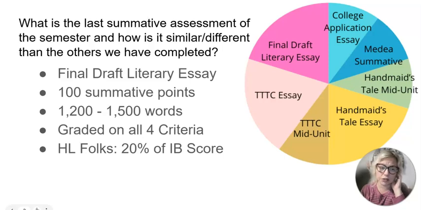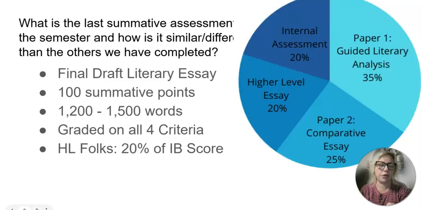If you are doing the IB test, if you are an IB HL person, it is worth 20% of your IB score. So here is a pie chart for the assessments for IB. Last year, as an 11th grader, you did the internal assessment, the IA, that was worth 20%.